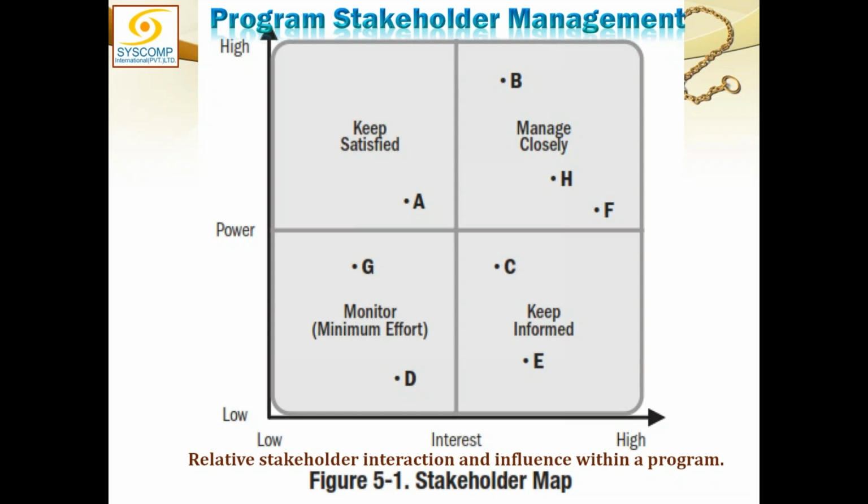Then we have got C and E. Who are these people? They do not enjoy any power at all, but they are keenly interested in the project. Normally, these are the people who actually are end users. An end user does not physically come to you and tell his requirements; end users are not even communicated most of the things.